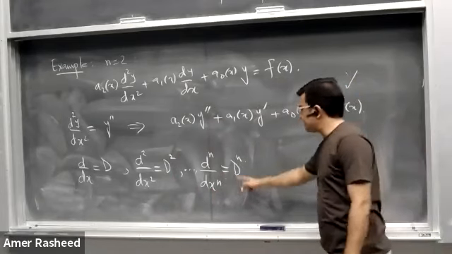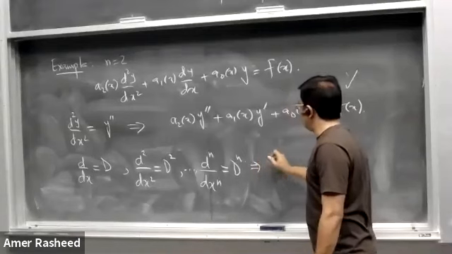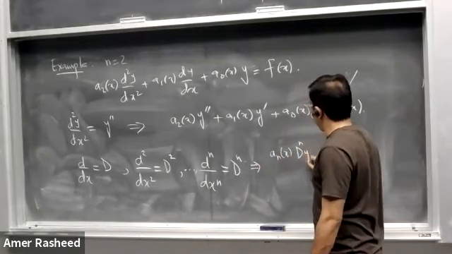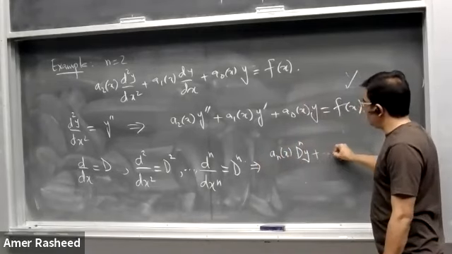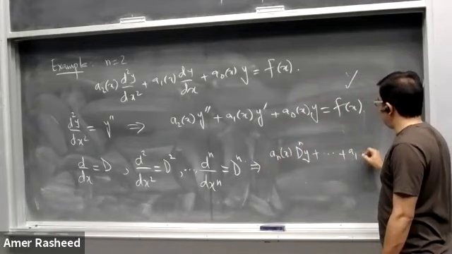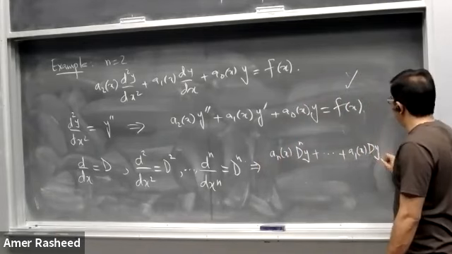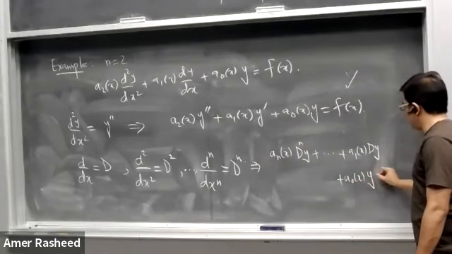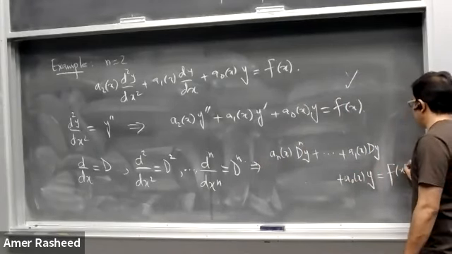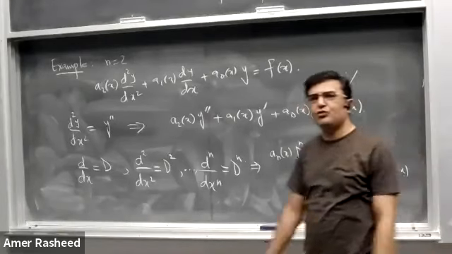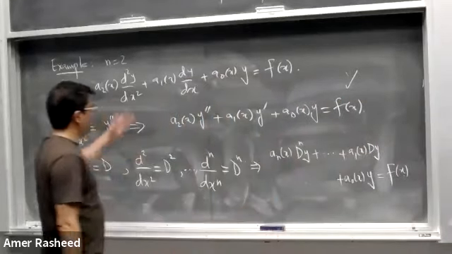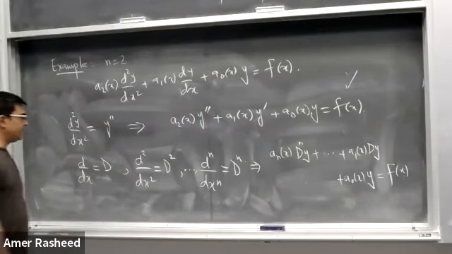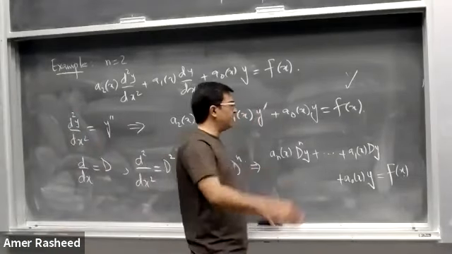If we use this notation, we can write the general equation as a n of x D n y plus so on plus a 1 of x D y plus a naught of x y equal to that function f of x. So there are different kinds of notations which we can introduce in order to simplify or abbreviate the notation of differential equations. These are just notations, just remember them.